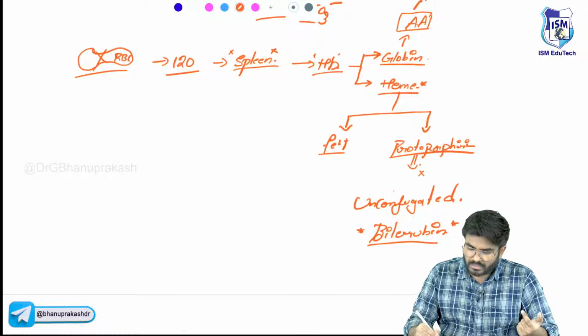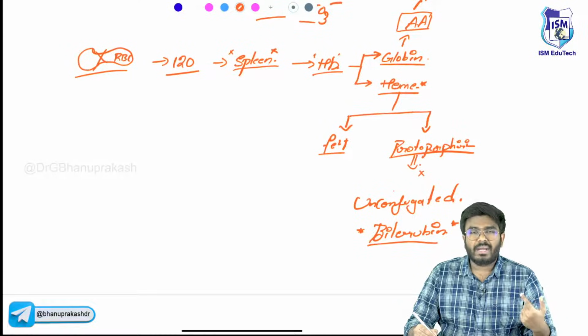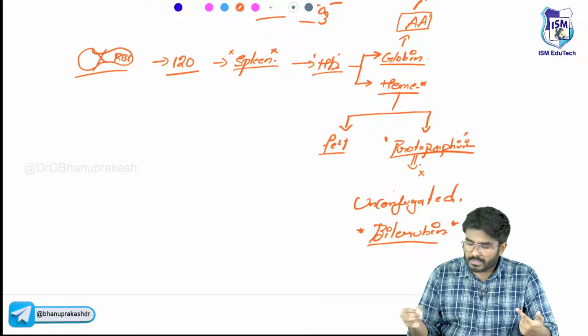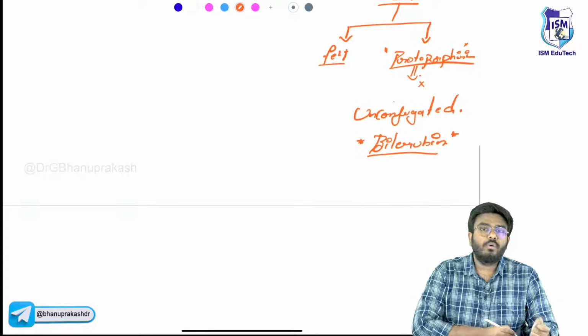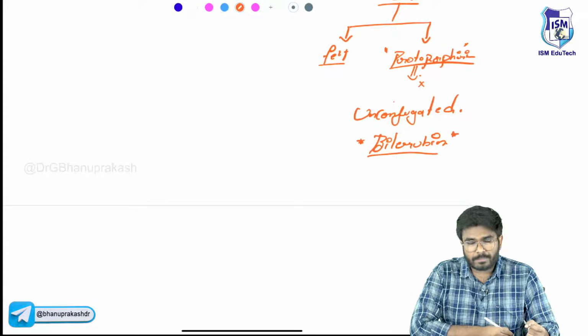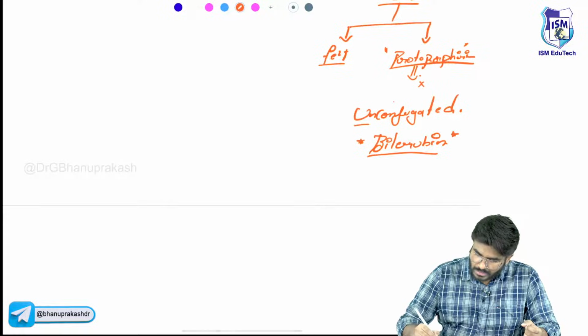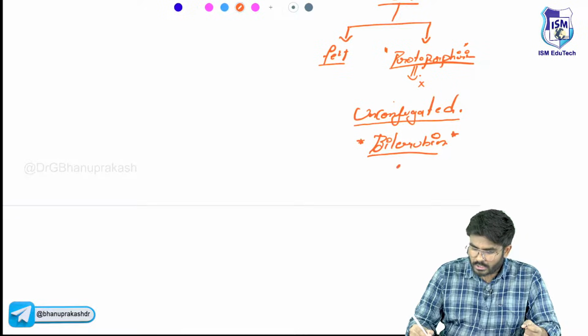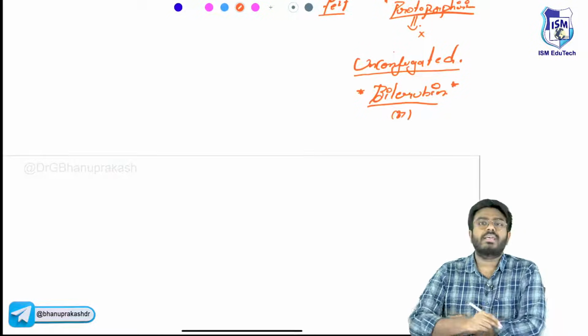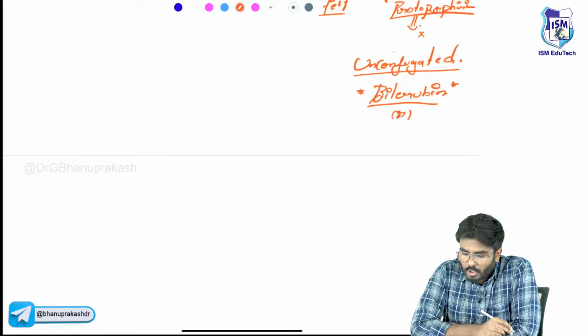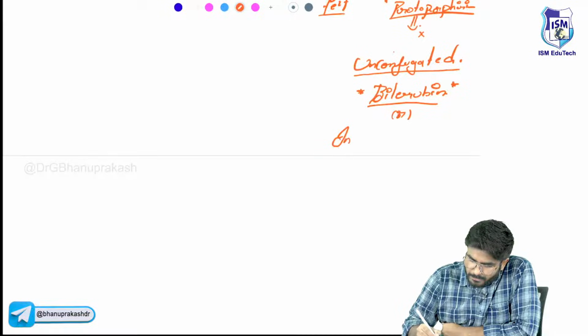The hemoglobin breaks down into heme and globin. Globin will be utilized back by the body, and the heme is further broken down into protoporphyrin. This protoporphyrin will be converted into unconjugated bilirubin. Unconjugated bilirubin is also called indirect bilirubin.